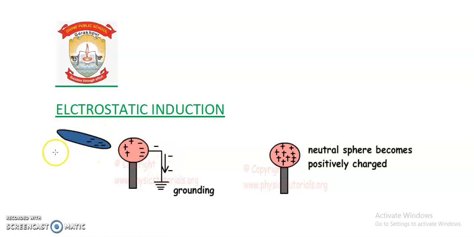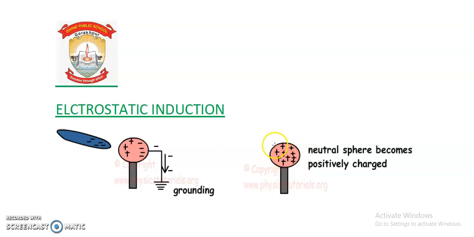this charged rod from here, definitely these positive charges will spread over the metallic sphere like this, because metal is a conductor, and according to electrostatics, conductors are those materials which allow the charges to flow through them. So to maintain the equilibrium, they will spread over the metallic sphere like this.